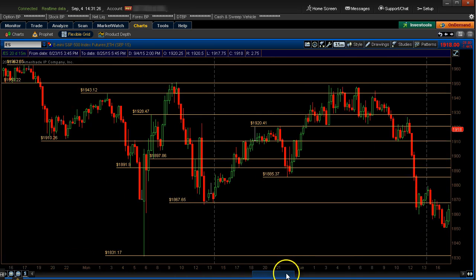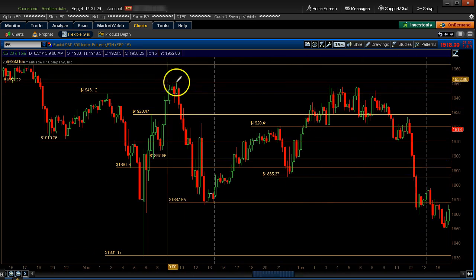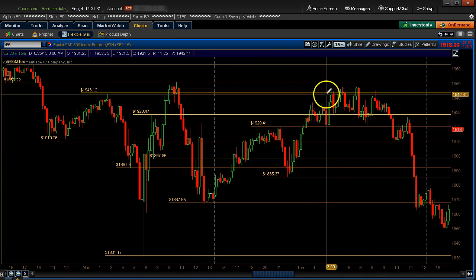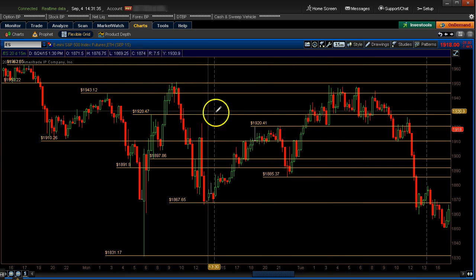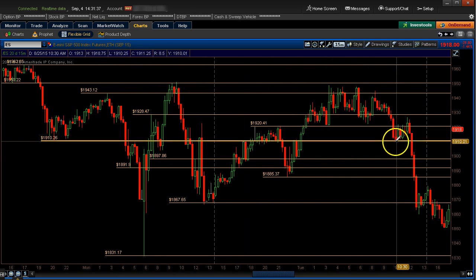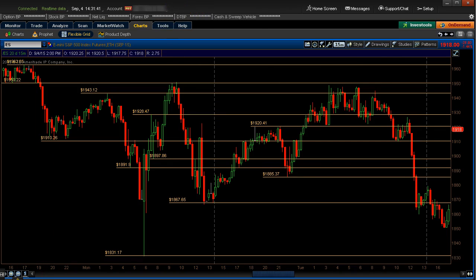Okay, and then we just kind of keep going, but look at how price keeps failing at all these previous swing highs, and these previous swing lows keep acting as support, right? Let's look at this swing low right here, okay, where was support.